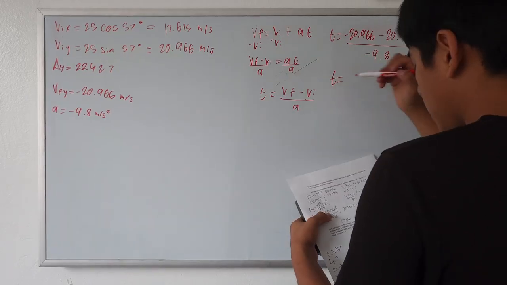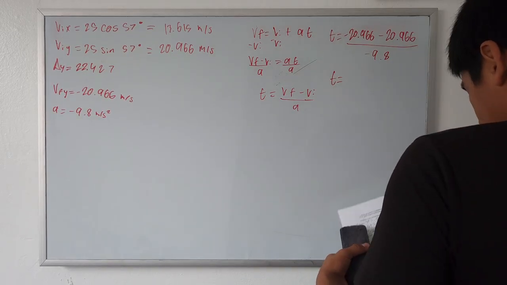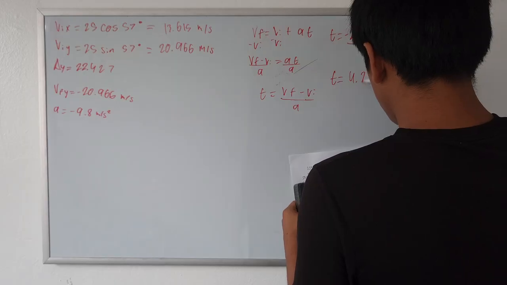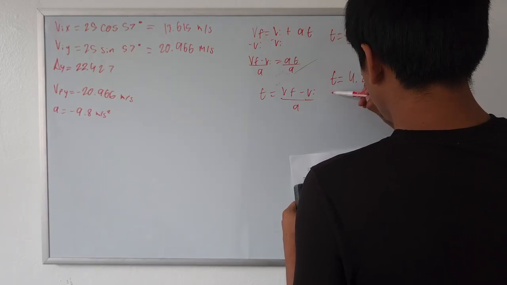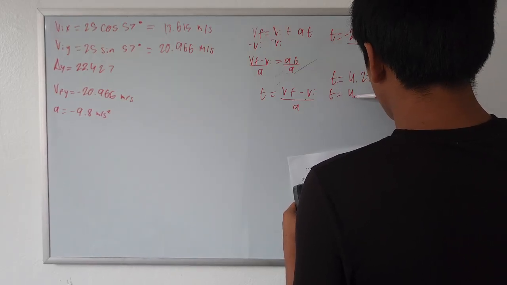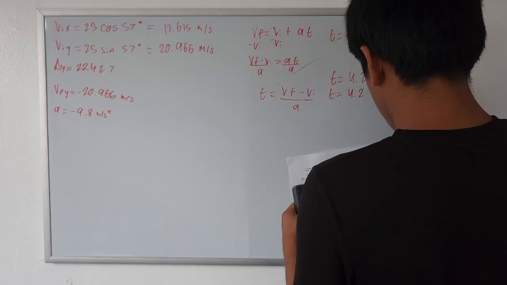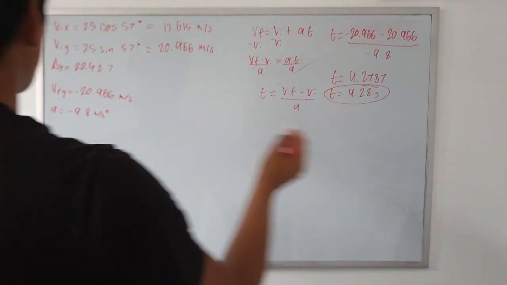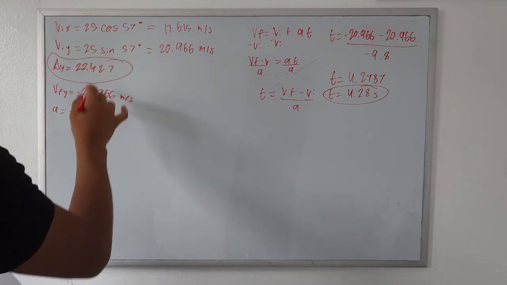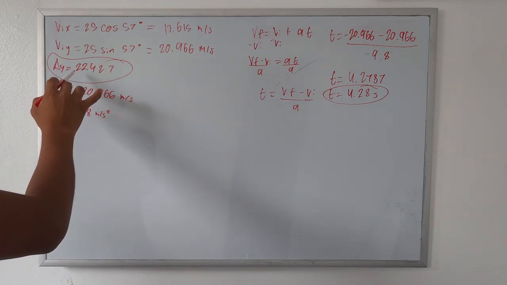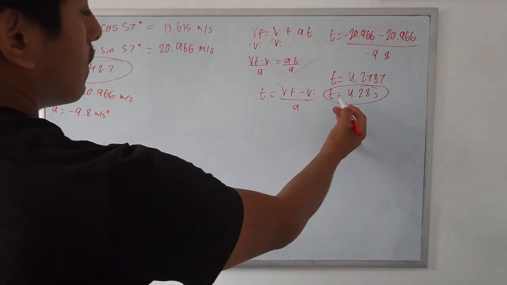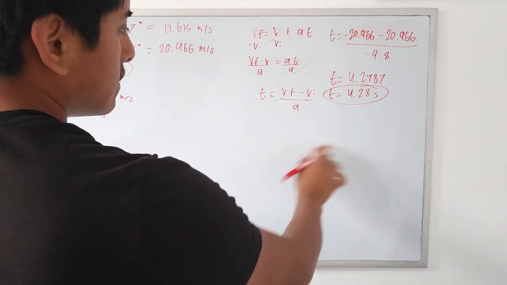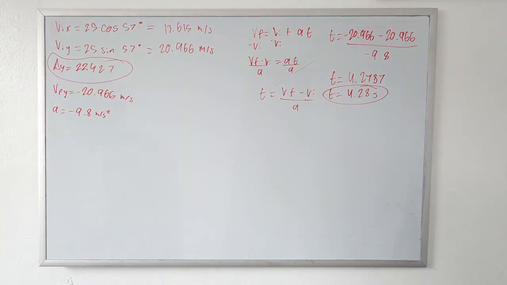You'll get that time is equal to 4.2787, and if you round, you get 4.28 seconds. And that is your final answer. Those are your final answers right here. So that's the maximum height, which is 22 meters, and the total flight time is going to be 4.28 seconds.